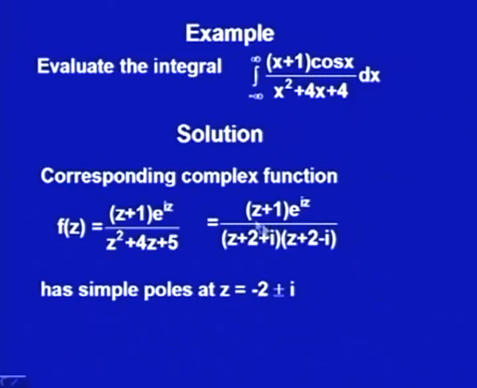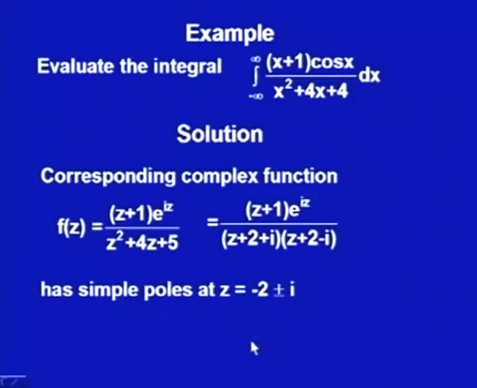So, we do have that this function has only two simple poles, at −2 + i and −2 − i. So, in the upper half plane there is only one simple pole. Let us use the residue theory over here.